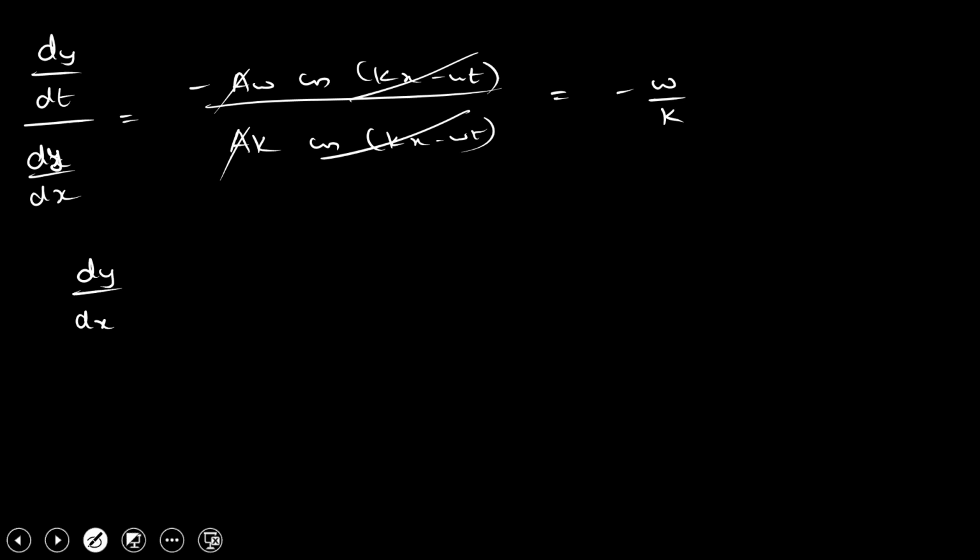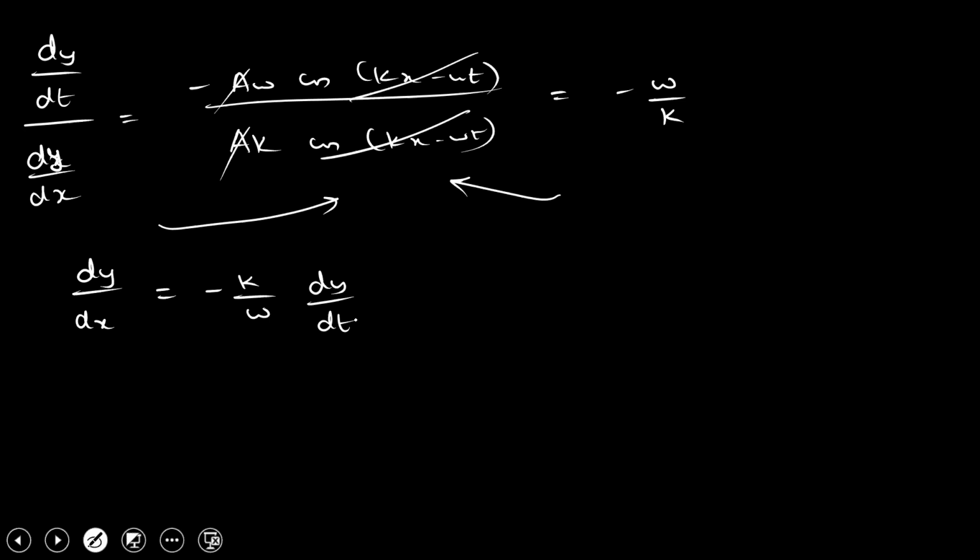So dy divided by dx. So dy by dt divided by dy by dx is minus omega by k. Can I write dy by dx is equal to, taking omega by k to the left hand side, minus k divided by omega into dy by dt?